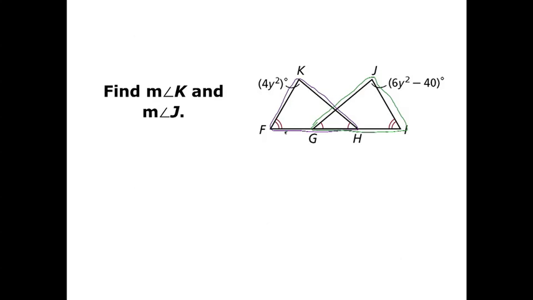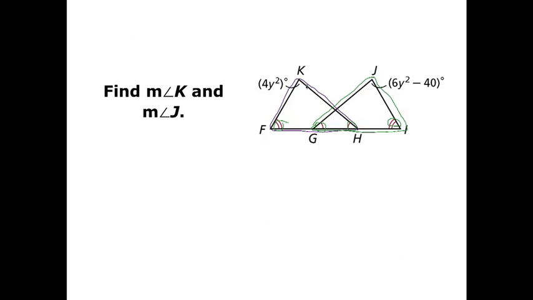Well, here's what I should notice. Angle F in the purple triangle is congruent to angle I in the green triangle. And angle G in the green triangle is congruent to angle H in the purple triangle. So I have 2 angles in both triangles that are congruent to each other.